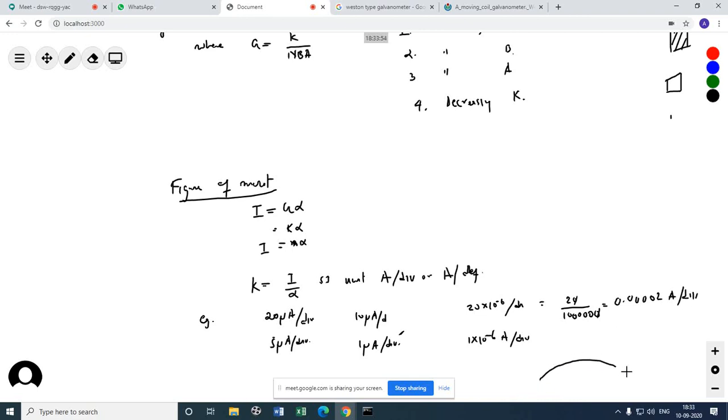If this is the scale, 0, 1, 2, 3, 4, 5, 6, 7, 8, 9, 10, and so on, the current measured by one division is this much current. Got it? So that means we can detect how small a current with a moving coil galvanometer. Understand?